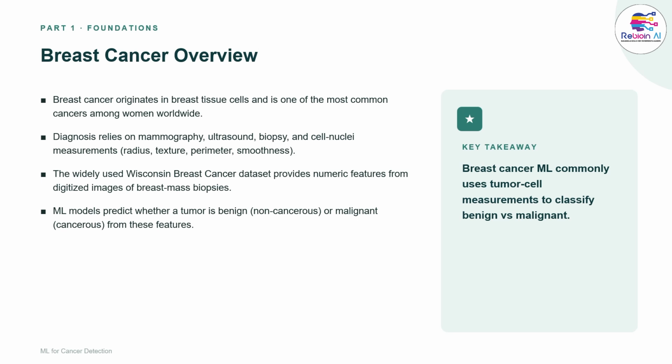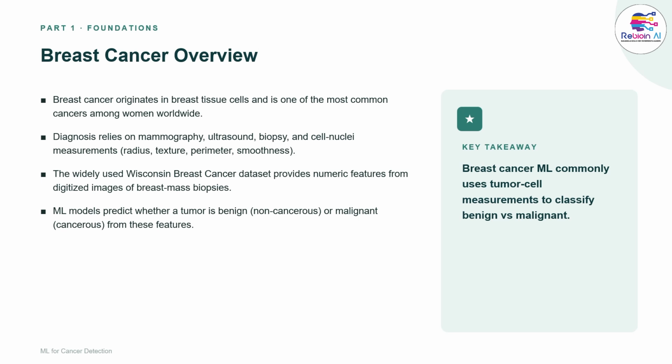These measurements were digitized into a famous dataset called the Wisconsin Breast Cancer Dataset. That is the exact dataset we use for the demonstration. The model's goal is simple: given these measurements, predict whether the tumor is benign or malignant.